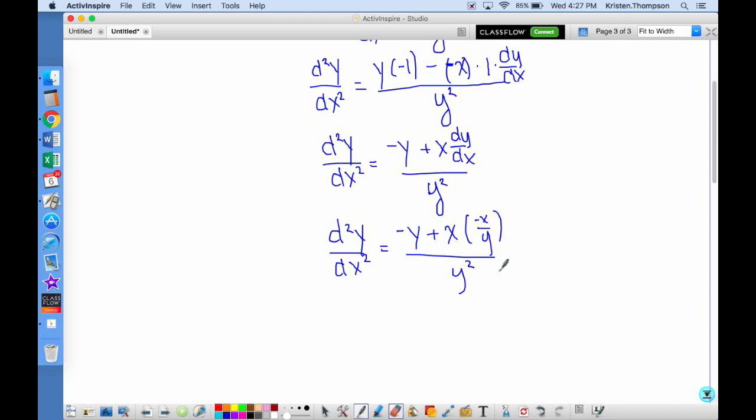However, most of the time, if this is multiple choice, your answer is not going to be written like this. In order to get rid of a fraction within a fraction, you can multiply throughout by that denominator. So in this case, I can get rid of the division by y in the second term by multiplying y throughout on top and bottom.